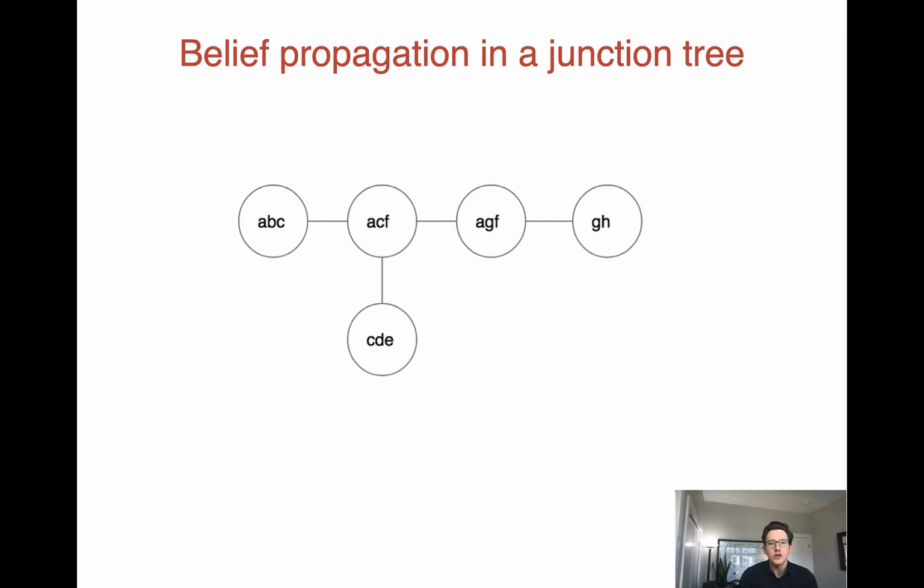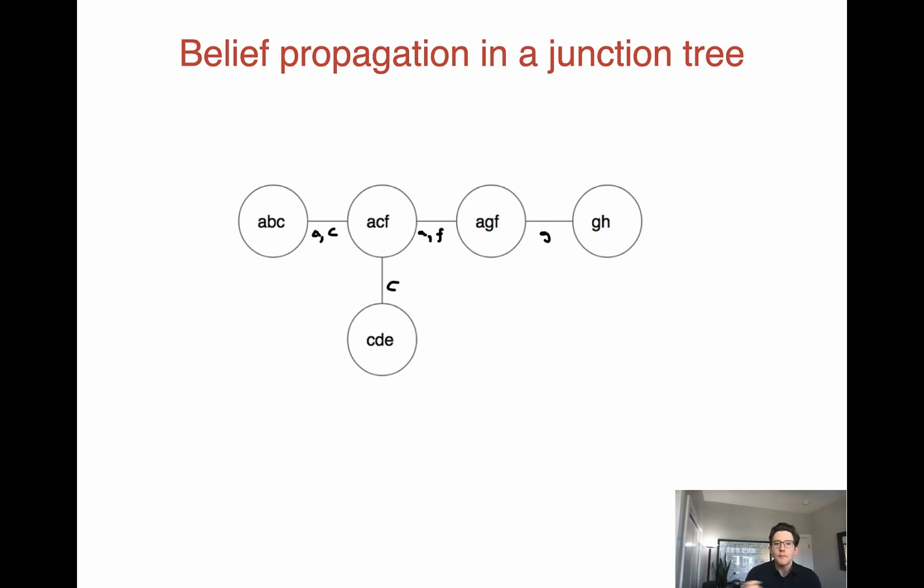Okay, so the way this is going to work is each edge corresponds to some subset of variables that are in common. So this edge corresponds to A, C in common, and F, G, and C, respectively.